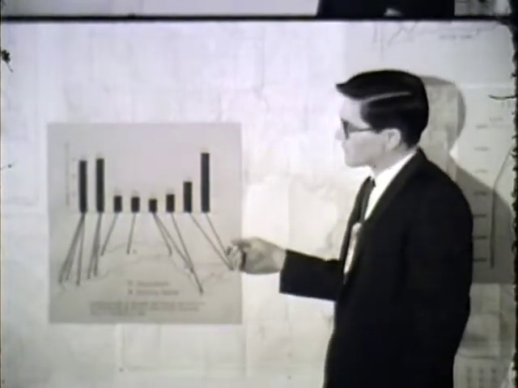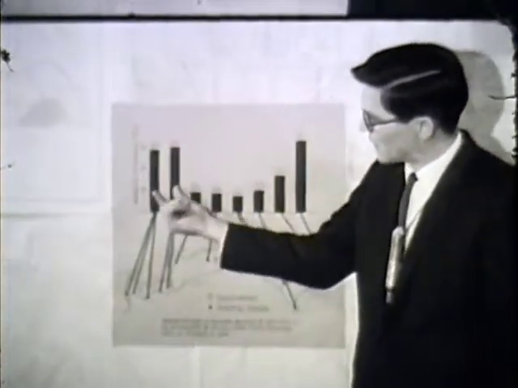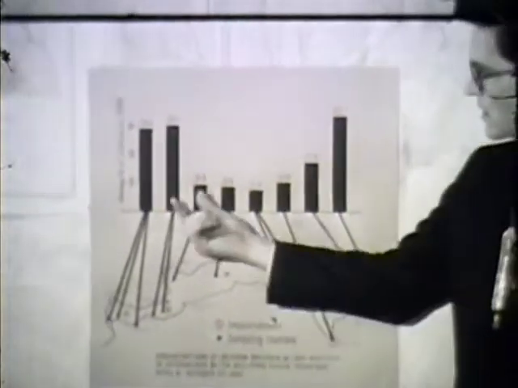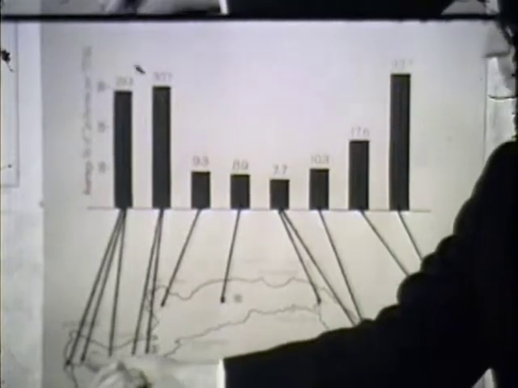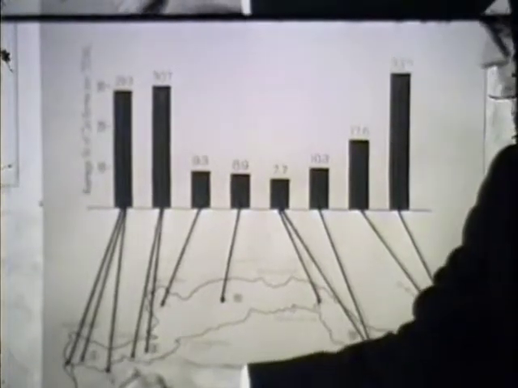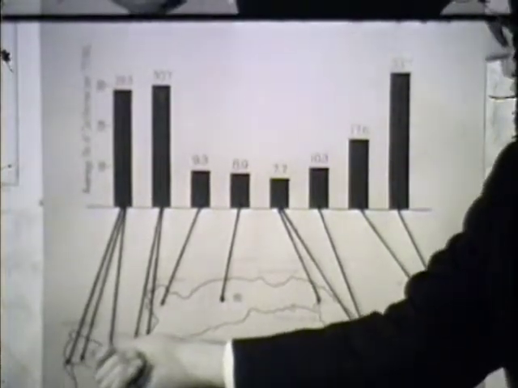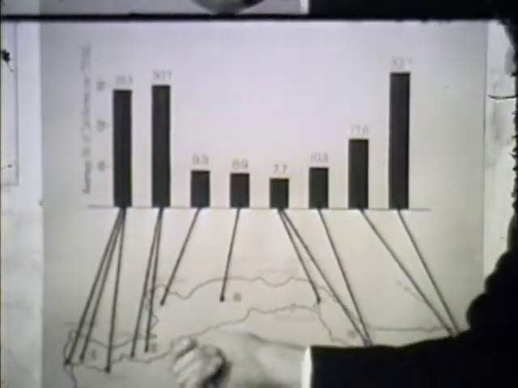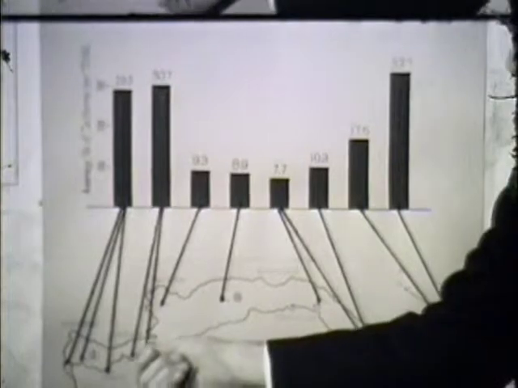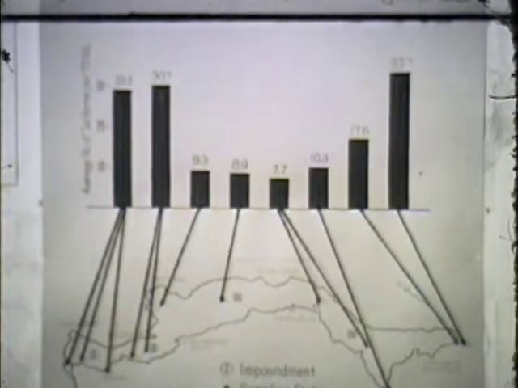Now, we can see from this map and the accompanying graph that the concentration of coliform organisms is highest here in Impoundment 1, that is around Geneva, Lodell Donovan Park, and in Impoundment 2, that is from Geneva to Strawberry Point, and in the region where the city water supply is taken out.